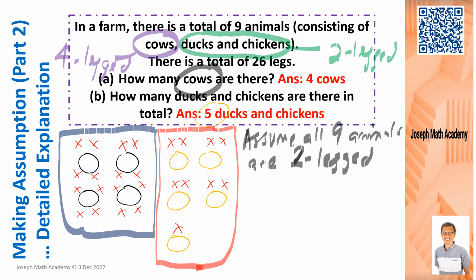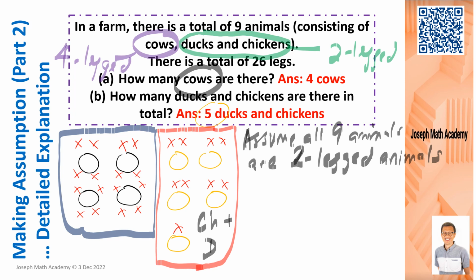If you remember, we always assume the opposite from the question. Since part A is asking us to find the number of cows, our assumption statement will be based on two-legged animals, meaning we are assuming all are chickens and ducks.